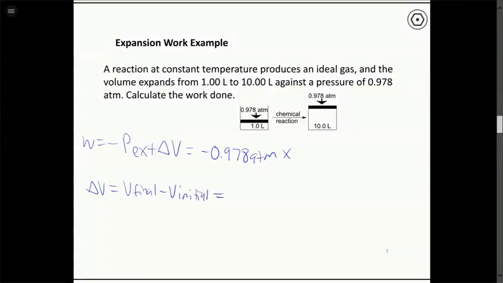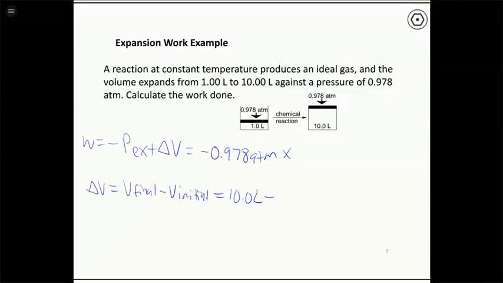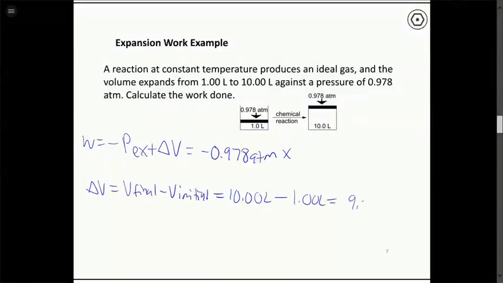So the final volume after the reaction is 10.00 liters, if we want to be precise with significant figures. The initial volume where we started is 1 liter. So it's changing its volume from 1 liter to 10 liters, which is a change of 9.00 liters.